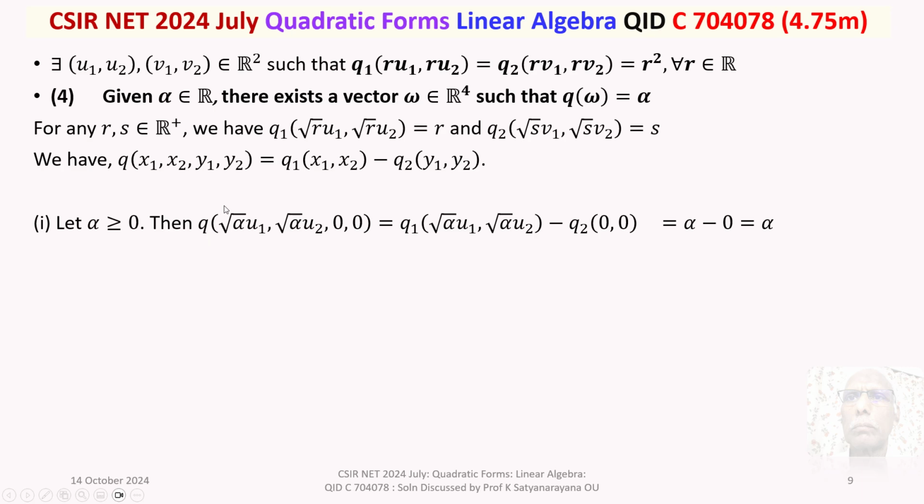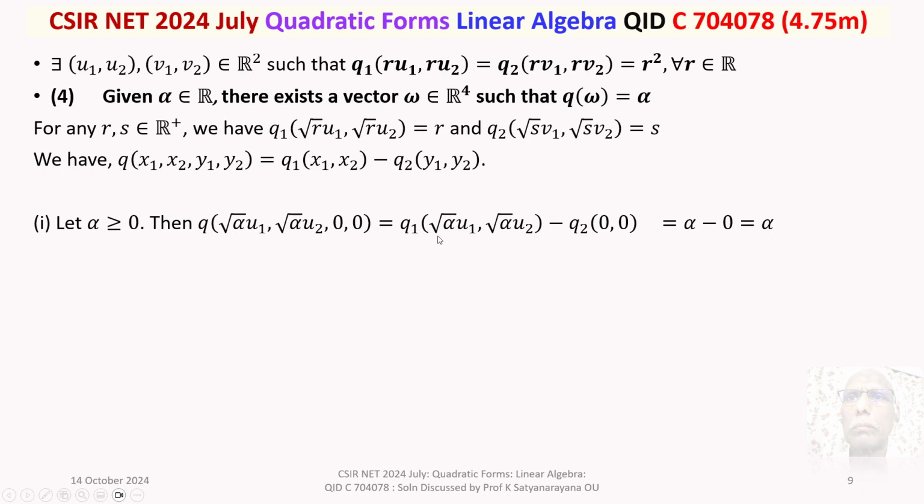Then Q of (root alpha u1, root alpha u2, 0, 0) is equal to Q1 of (root alpha u1, root alpha u2) minus Q2 of (y1, y2), that is (0, 0), and Q2 of (0, 0), put r equal to 0 here, is 0.